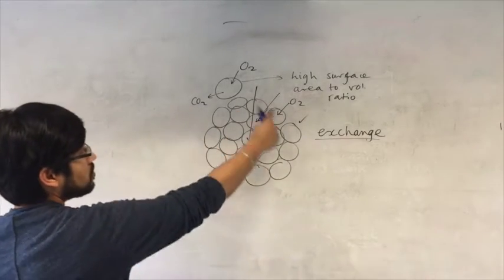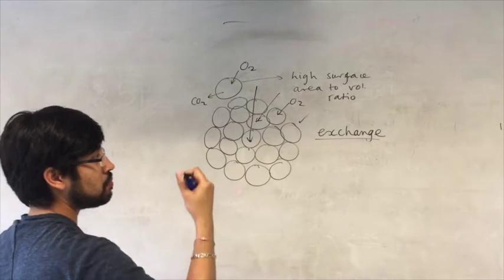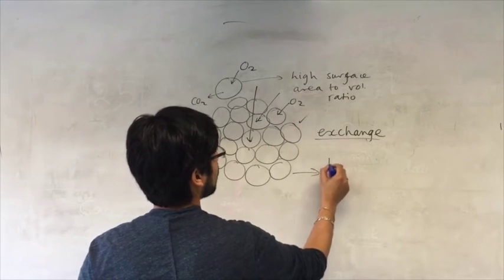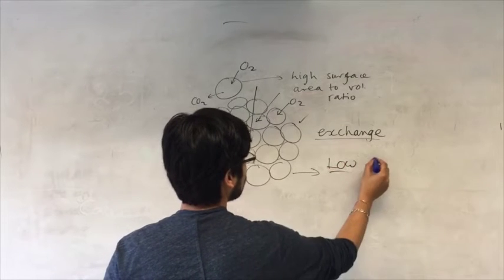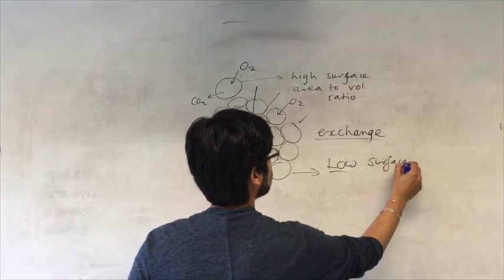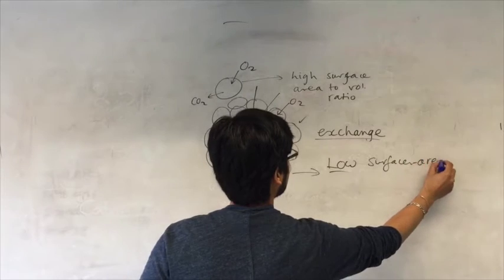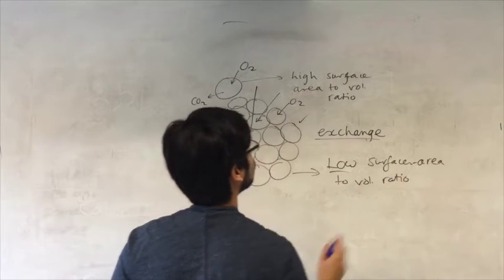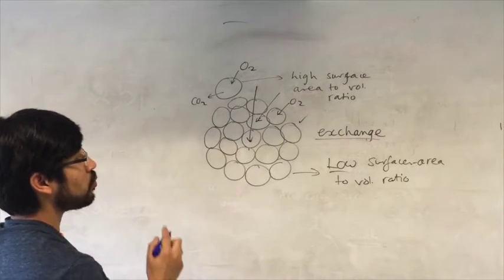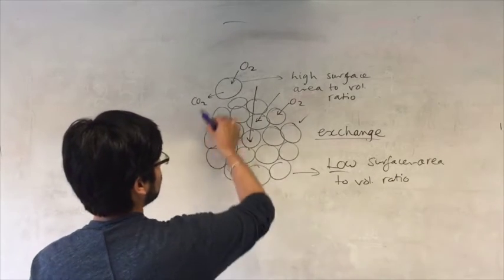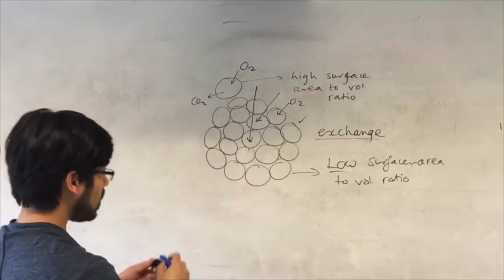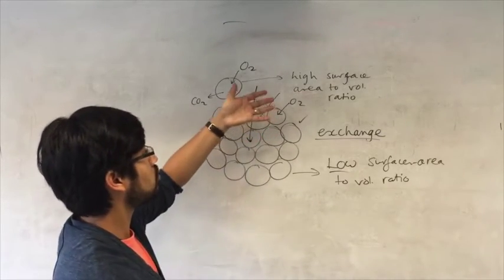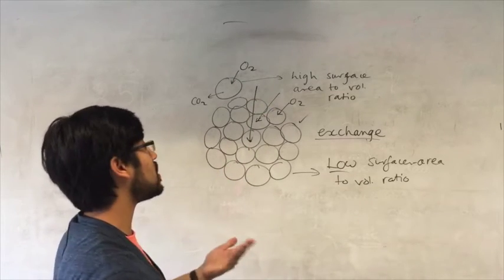This organism is bigger, multicellular, and has a low surface area to volume ratio, which means that it's not very easy for all the cells to effectively exchange materials.